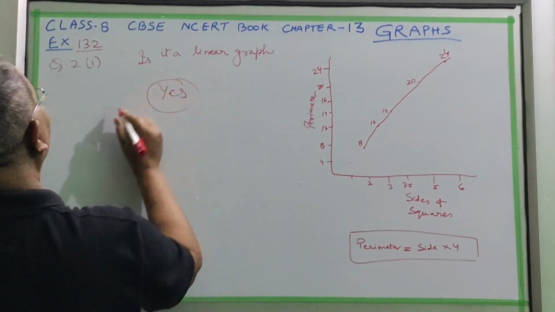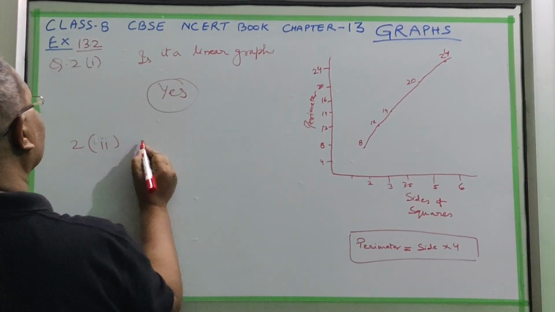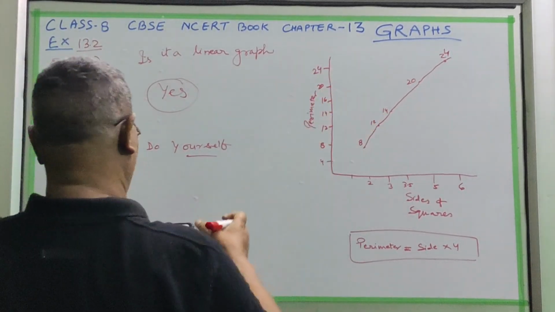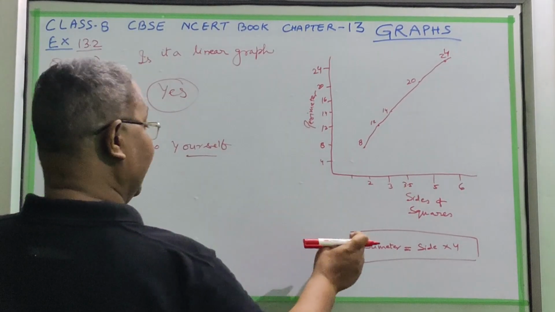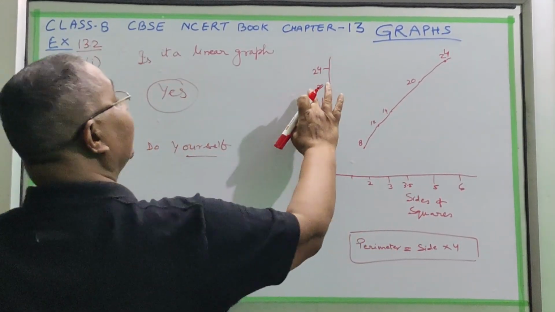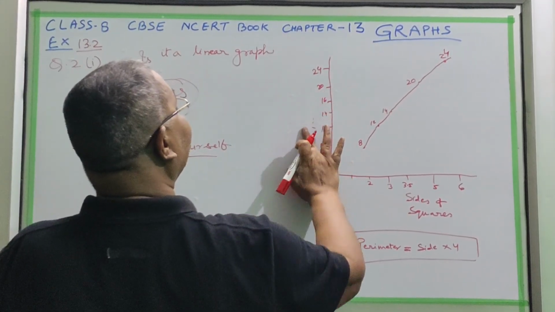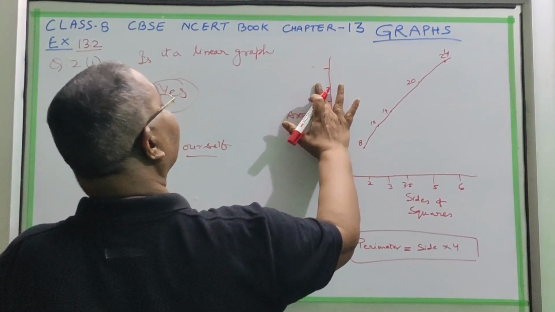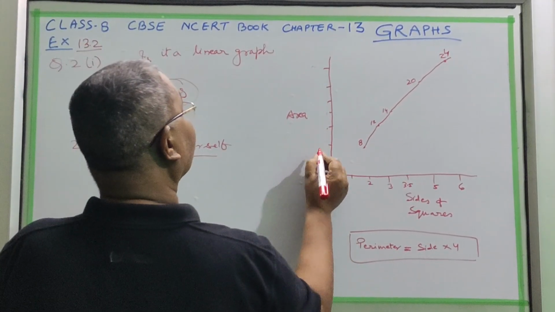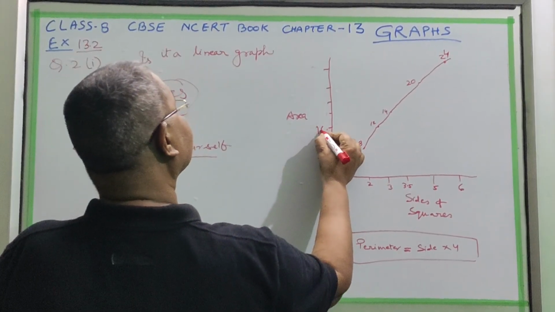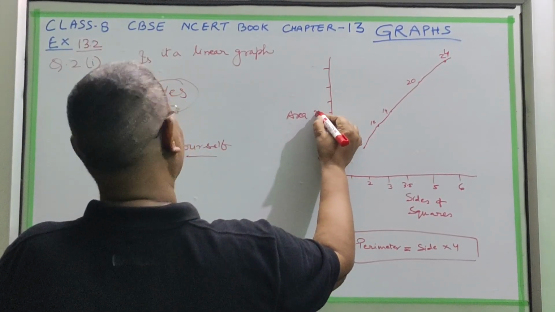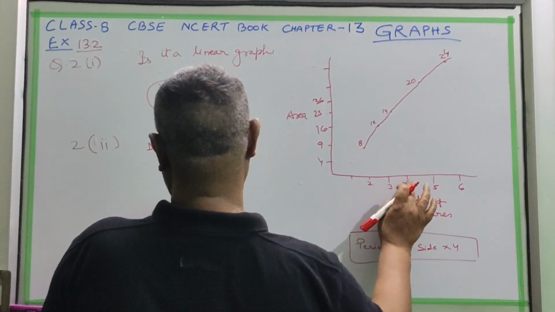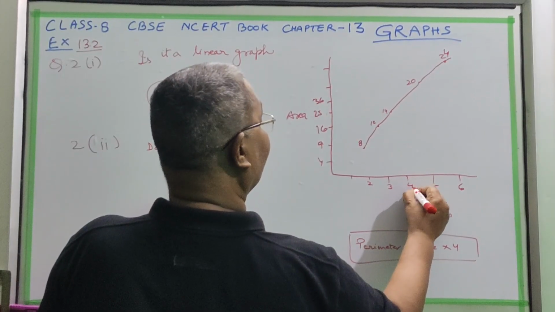Now question number 2, that you do yourself. What you have to do is plot it in a column. The side of a square is given. Here, instead of perimeter, you have to write the area: 4, 9, 16, 25 and 36, and here sides 2, 3, 4, 5 and 6.